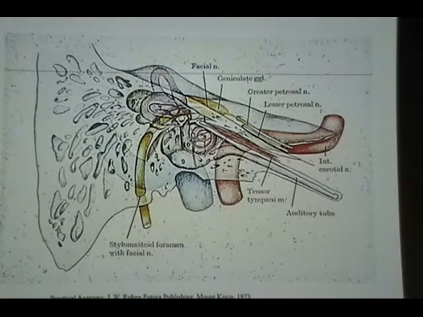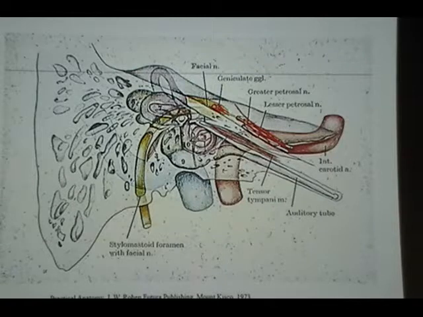This is it here. Here's this geniculate ganglion over here. Okay. Here is the greater petrosal branch here, coming out of this slit in the temporal bone. Okay, and that slit is referred to as a hiatus, and this is the hiatus of the facial canal.